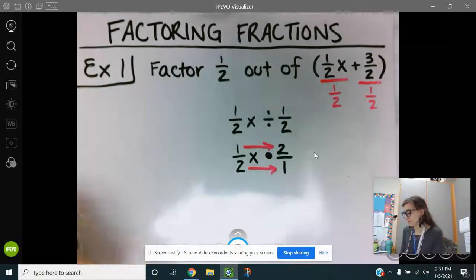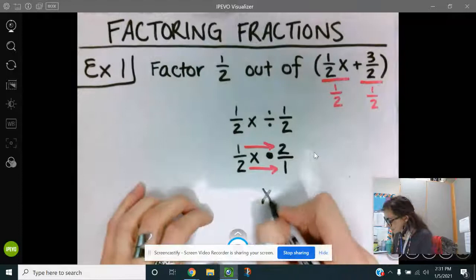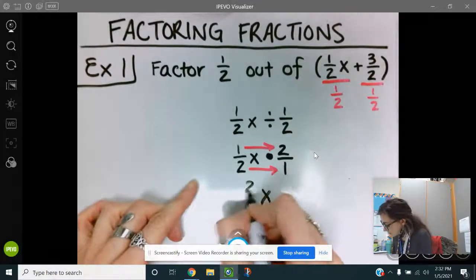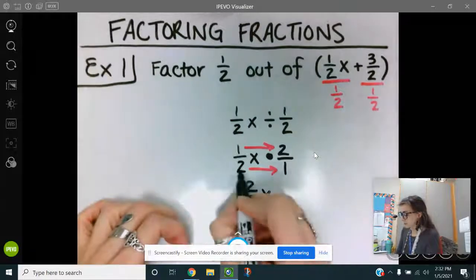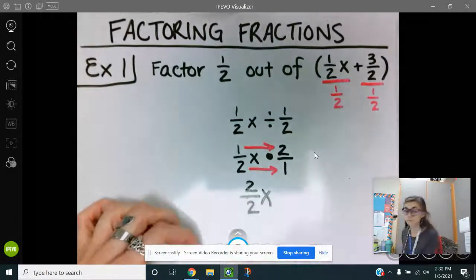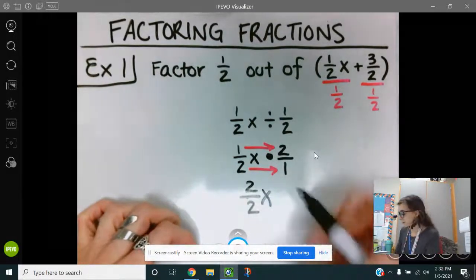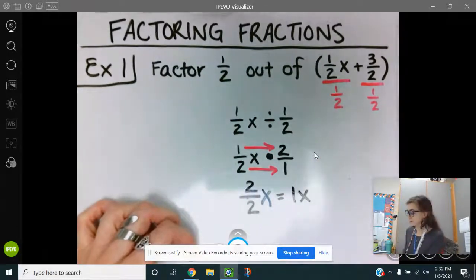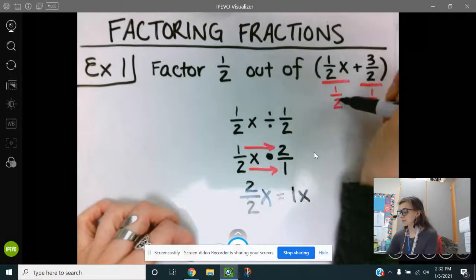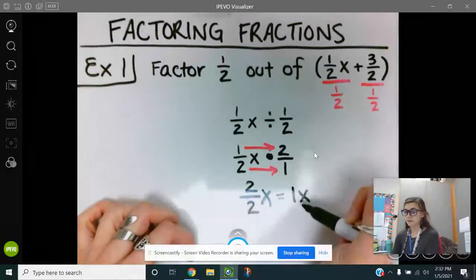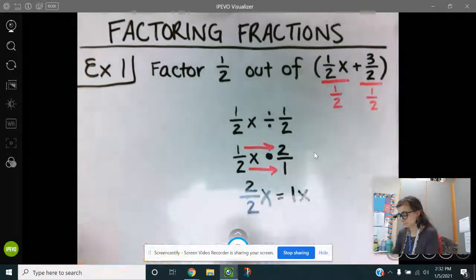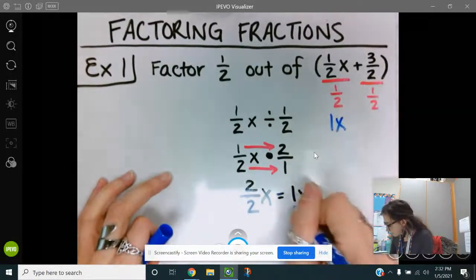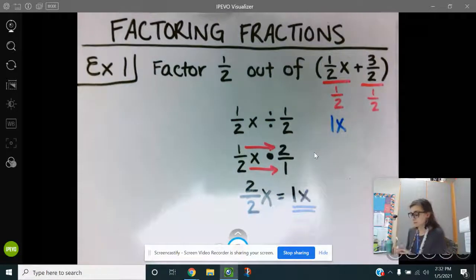We're still going to have x's, but now how many x's? 1 times 2 is 2. 2 times 1 is 2. 2 over 2x is the same thing as 1x, right? So this 1/2 x divided by 1/2 is going to be 1x. I'll write that in blue right here. 1x. That's what that is.